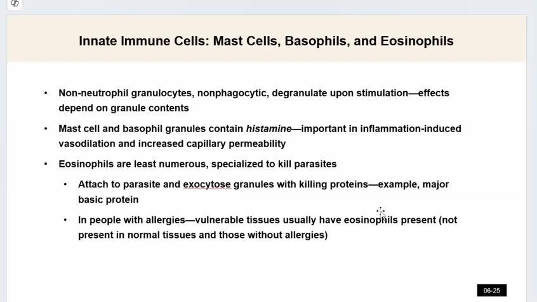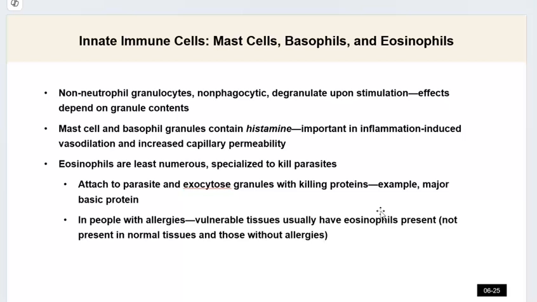Basophils are considered somewhat rare, but they do circulate in the bloodstream. But mast cells reside in tissues. They're all over the place. They're very active or found in connective tissue of the skin. We have them on our mucosal surfaces, and they tend to live kind of adjacent to blood vessels. The basophils and the mast cells, again, contain those granules of pro-inflammatory chemicals such as the histamine.